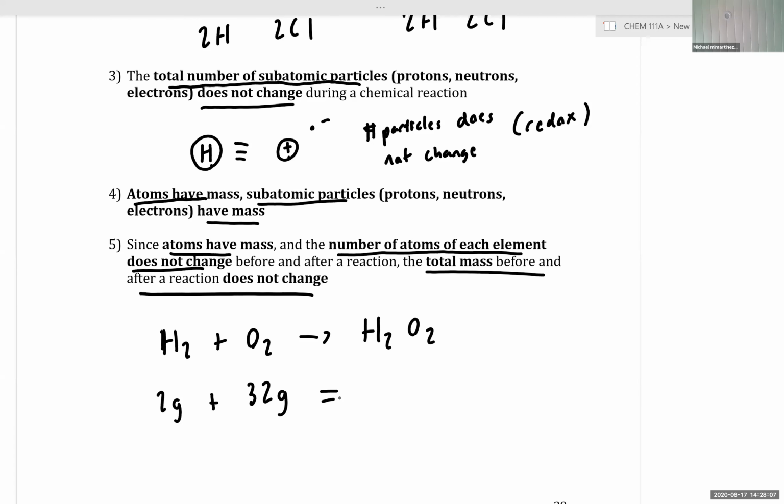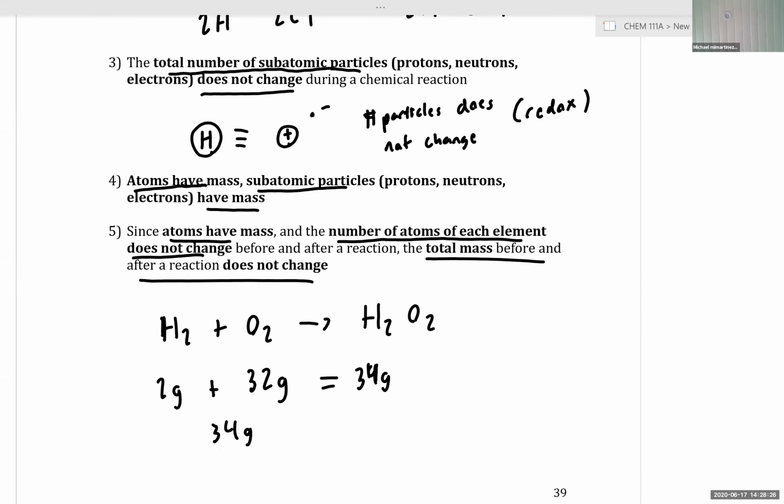If we start with 34 grams, we end with 34 grams. The mass before and after a reaction doesn't change, but the chemical identity of that mass does change.